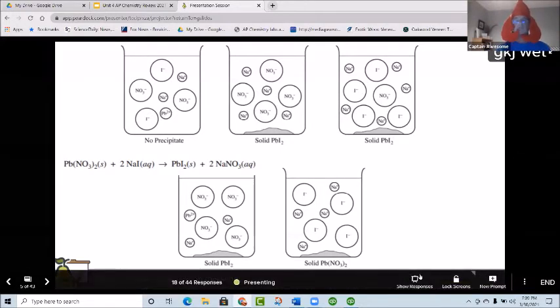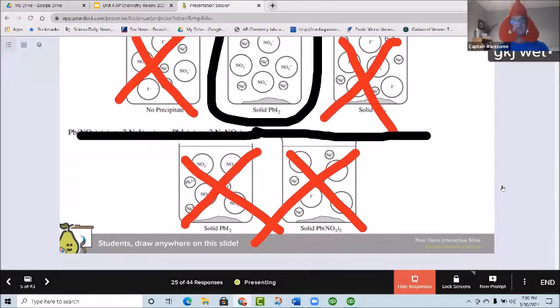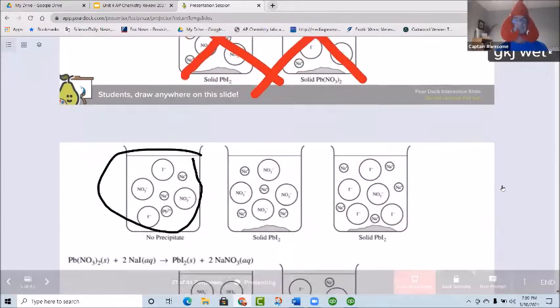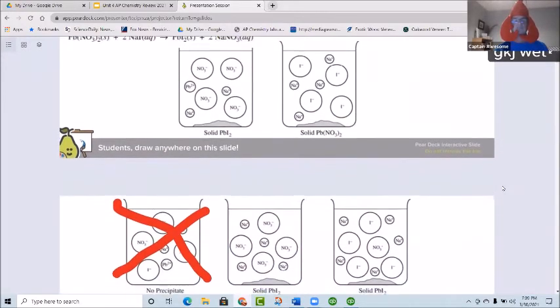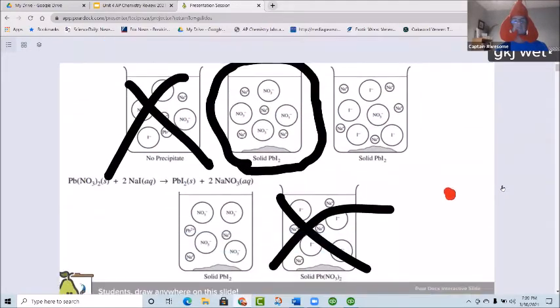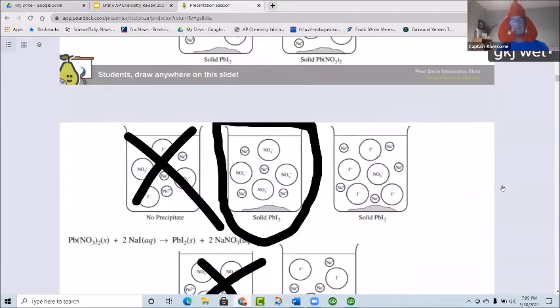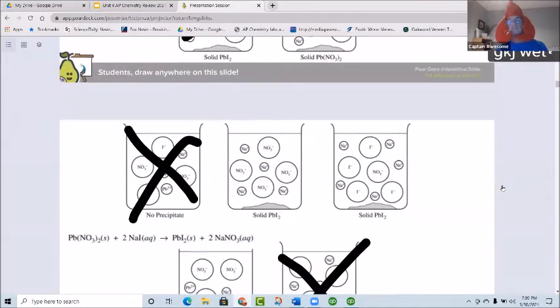All right, so let's see what some of y'all's responses are. Okay, they not only circled the right one, they put a bunch of X's. There's a circled one. The other way to think about this is you can totally get rid of the ones that aren't right.